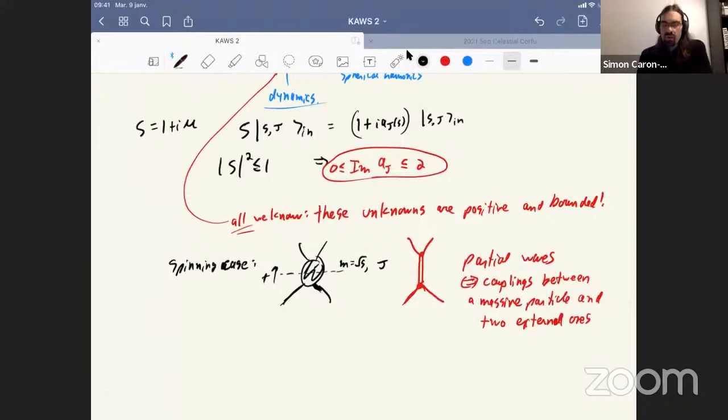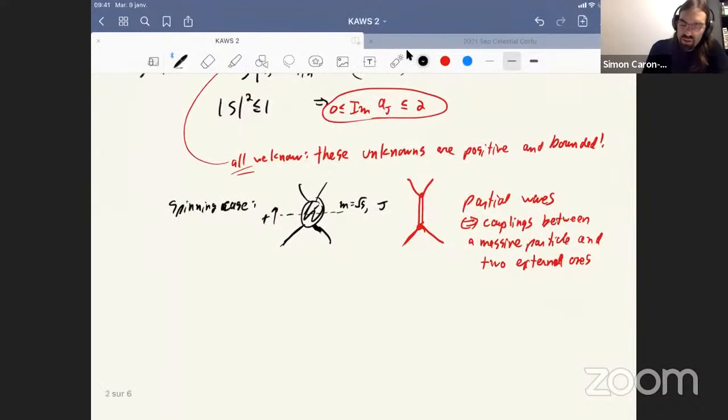In 4 dimensions, these couplings are very restricted, especially when you have massless external particles. There is a natural classification in terms of helicity.